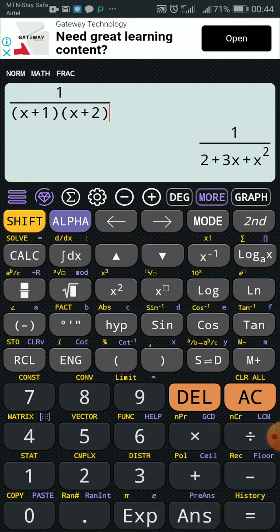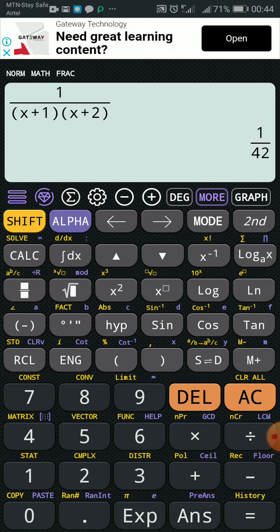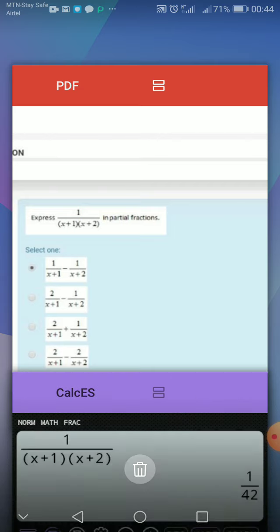Okay, so this is what we have, and we can press calc and choose any number of our choice. Let's choose 5. Okay, any number is okay. So this is 1 over 42. So now we are going to adjust each of those values to any of the options that give us 1 over 42.